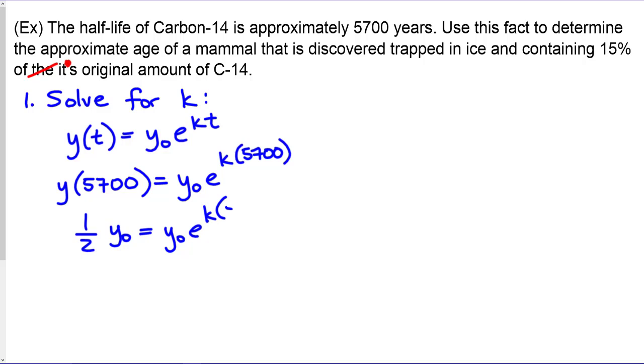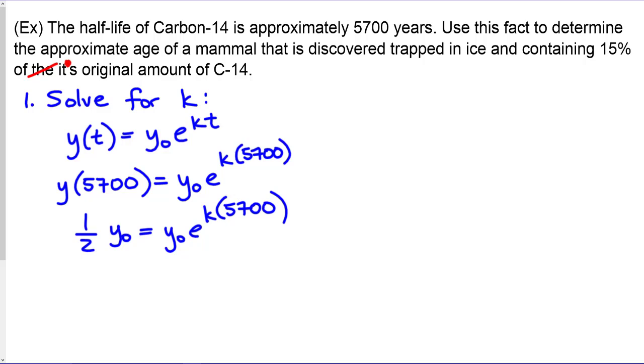So it actually doesn't matter what the original amount is precisely, because the only thing we're concerned with in half-life is that half of it's going to decay away after a certain period of time. So if this initial amount happened to be 100 grams, 5,700 years passes, now there's 50 grams. Another 5,700 years passes, now there's 25 grams. It's just going to decay by half each 5,700 years.